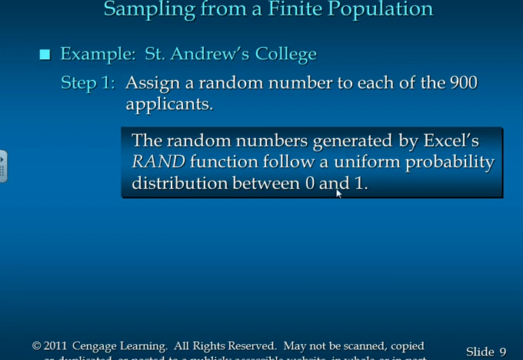Random number generators normally give a number between 0 and 1, and Excel has one of them. I don't think my calculator has a random number generator. Yes, it does. If I go second function, random number, I put something in there, enter, and I get an error.